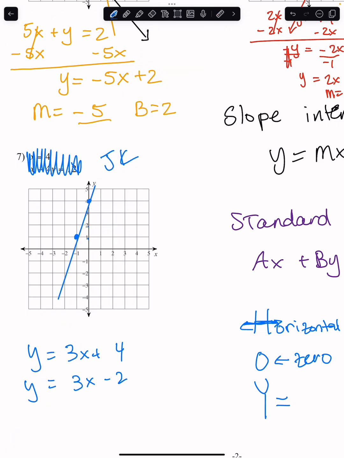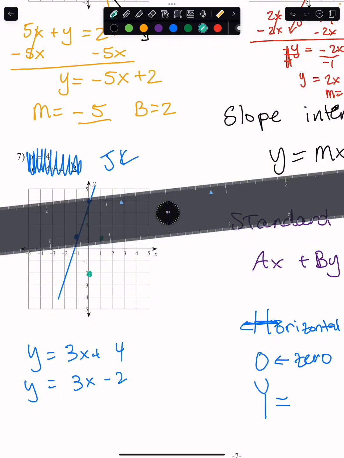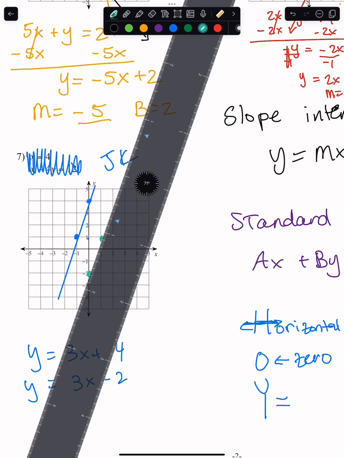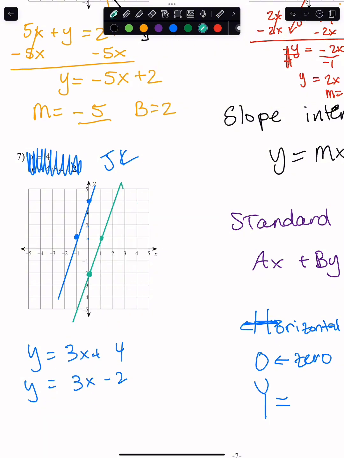And then my other line, let's do that one in like this greenish color. My y-intercept is at negative 2, rise 3, run 1, and then I'm going to draw that line. One thing I got to make sure y'all know, when you see two lines that are parallel, where do they cross is the question, nowhere.